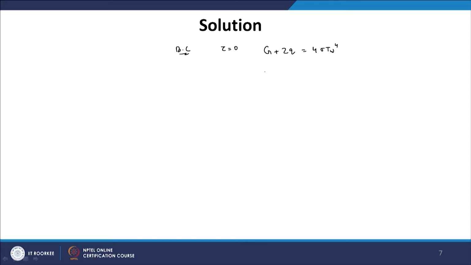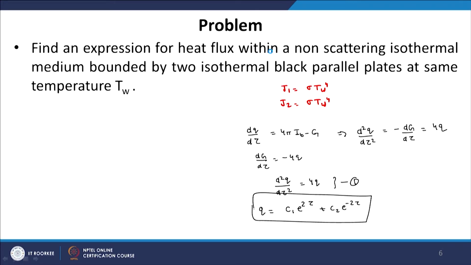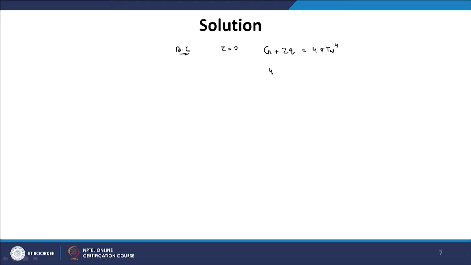Okay. Now, we substitute for the expression for g, and we get 4 sigma T power 4 minus dq by d tau plus 2q is equal to 4 sigma T w power 4, where we have used the expression g is equal to 4 pi I b, or 4 sigma T power 4, minus del dot q, or dq by d tau.